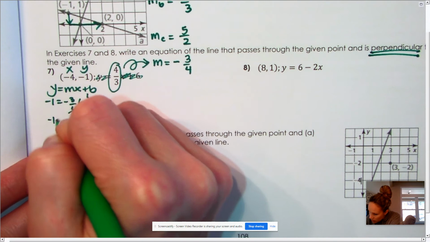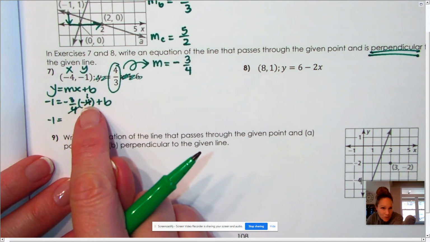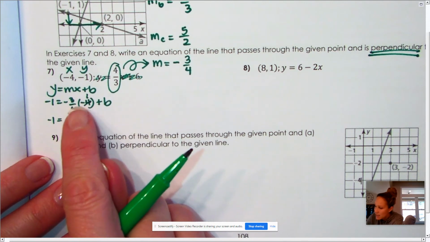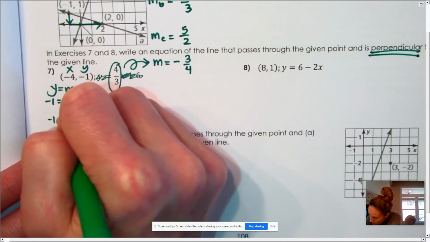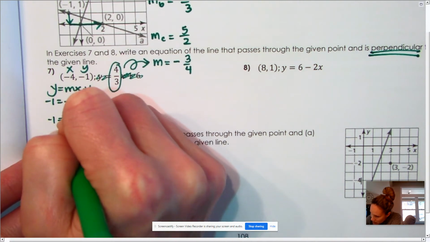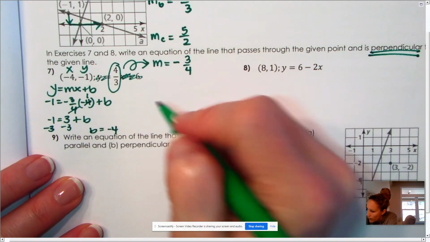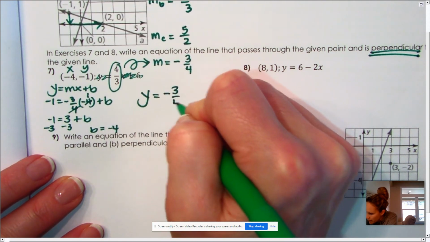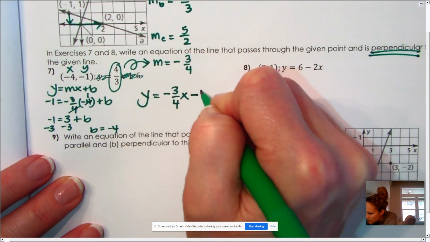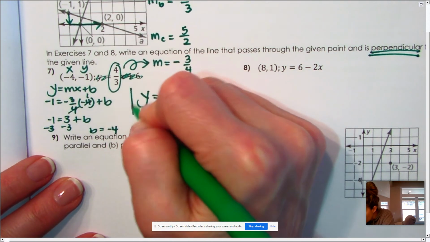So I have -1 equals -3 times -1. That negative's still there, even though we canceled the 4 and changed it to a 1. A negative times a negative is a positive, and 3 times 1 is just 3. And then I'm going to subtract 3 on both sides, so b is equal to -4. So when I write my equation, that's y equals mx plus b. And because I'm adding a -4, I'm just going to write it as subtract 4.